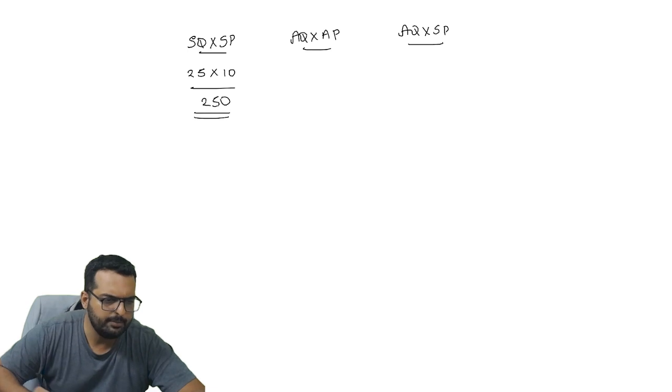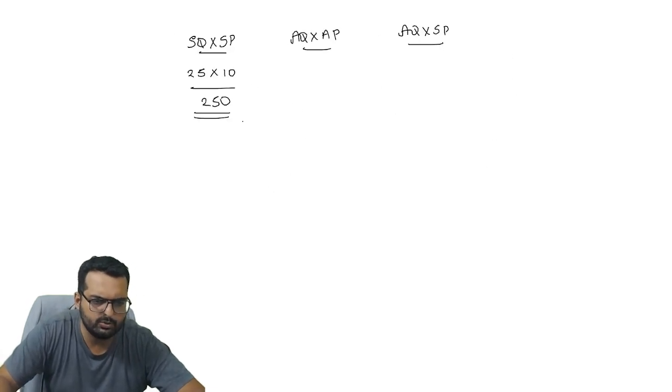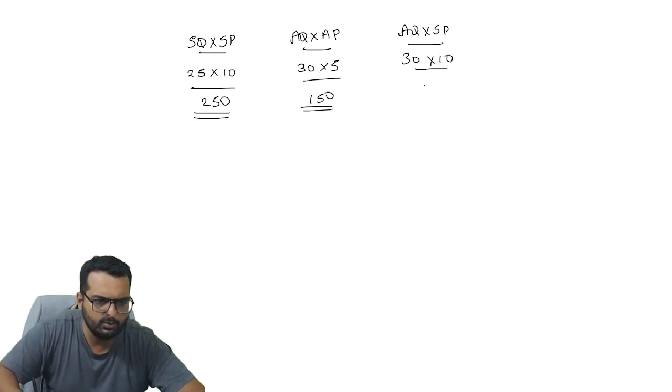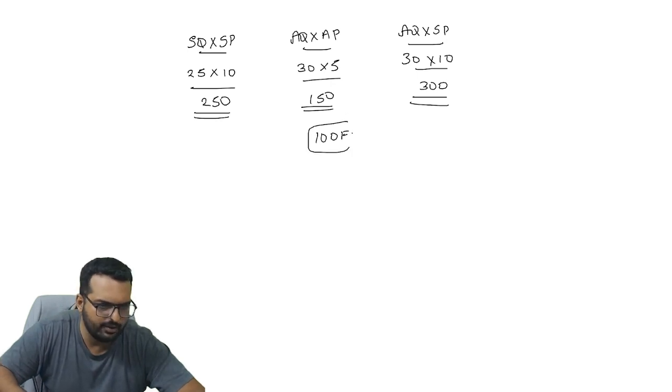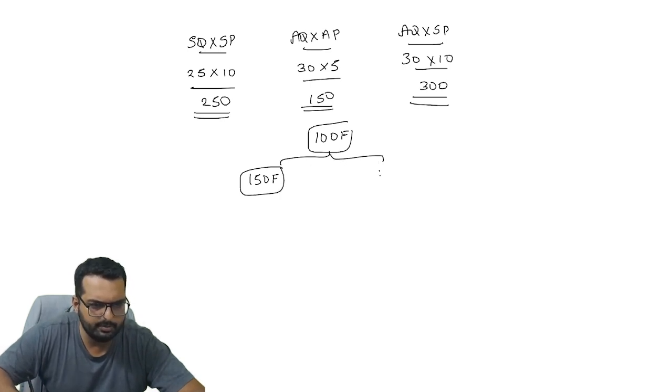That is 250. AQ is what? Actual consumption is how much? 30 kg into 5 rupees. 30 into 10. So here I'll get the cost variance as 100 favorable. Price variance will be 150 favorable. But the usage variance is going to be 50 adverse.